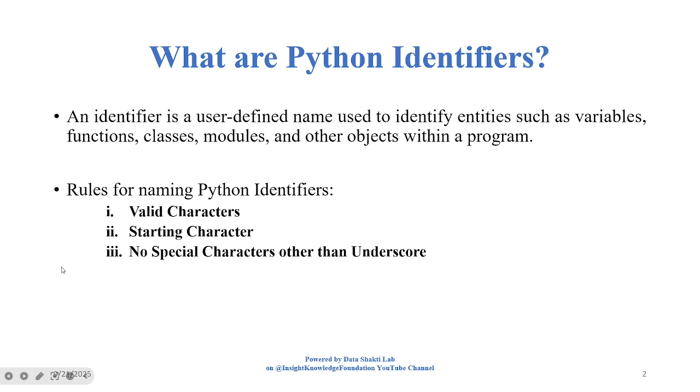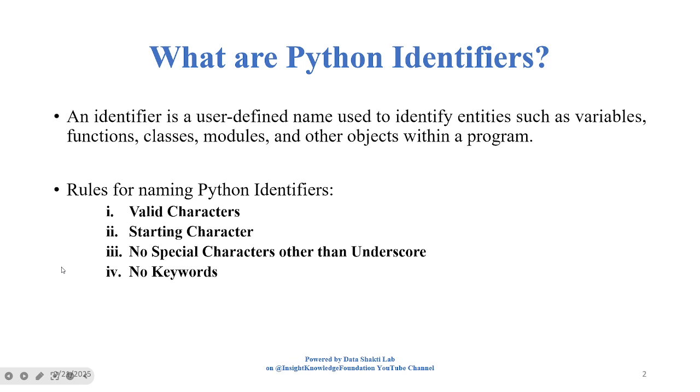Coming to the next rule, no special characters other than underscore, which means the name of an identifier cannot contain any special characters other than the underscore. The special characters include symbols like at the rate, hash, dollar symbol, etc. The next rule is no keywords.